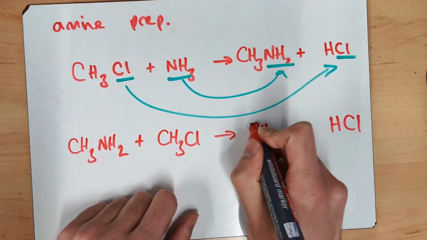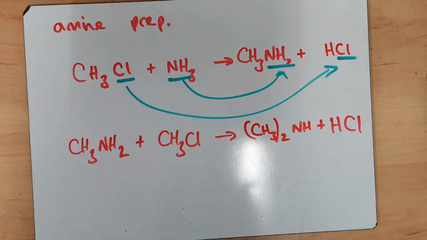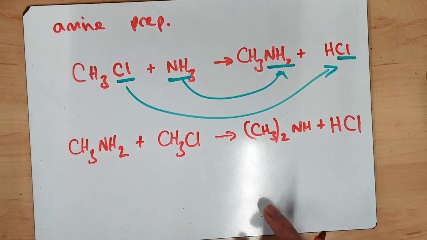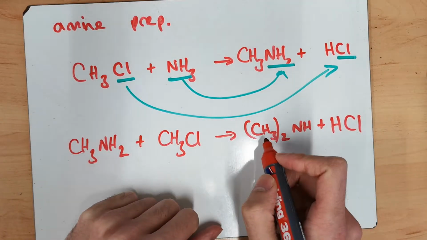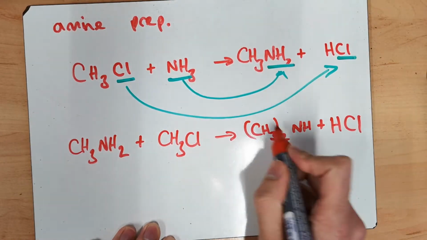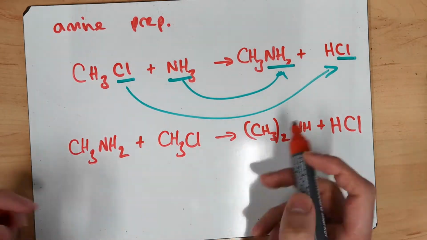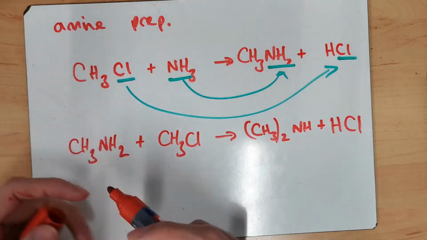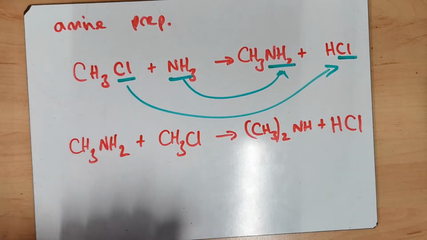So we get two CH3s attached to our nitrogen. So, can you remember what the name of this was? Let's see if you were paying attention in the last board I showed. And I mean by name, primary, secondary, tertiary. Yes, the secondary. There's two there, just one hydrogen attached, and this can carry on reacting again and again. So generally, to make sure we only get a primary amine forming, we use an excess of NH3, and that means that all the CH3Cl reacts up quickly and doesn't carry on doing this reaction further on.